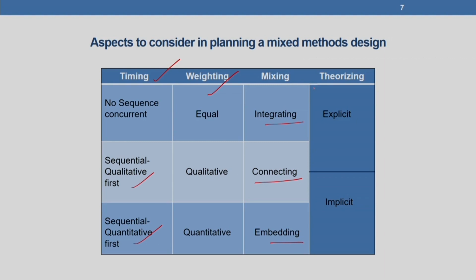The fourth aspect is what is referred to as theorizing, and most mixed methods approaches come up with some kind of theoretical construct. These theoretical constructs go on to inform the research design that we are following as part of the mixed methods approach.